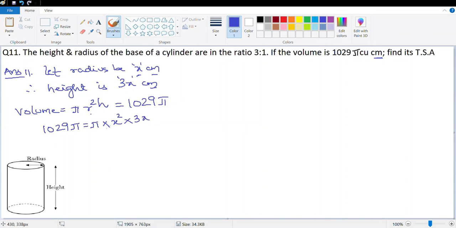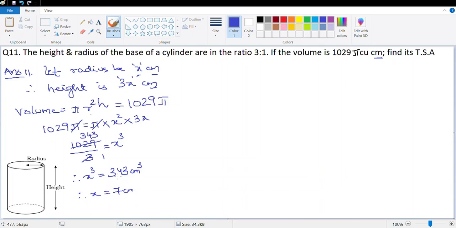Pi and pi get cancelled, so we have 1029 upon 3 is equal to x cube. 3 into 3, 9, that's 343. Therefore x cube is equal to 343 centimeter cube. Therefore x is equal to 7 centimeter.